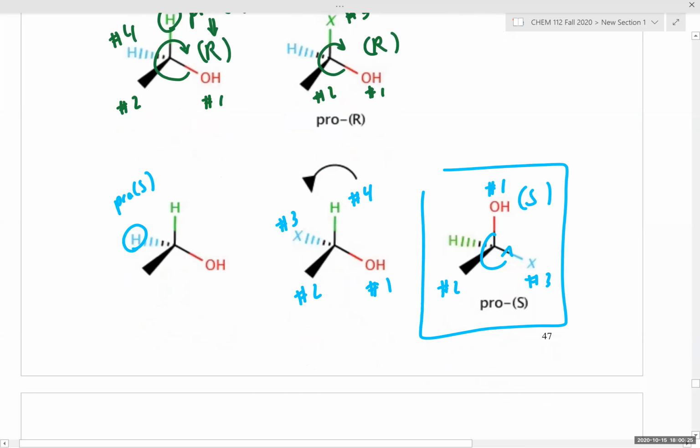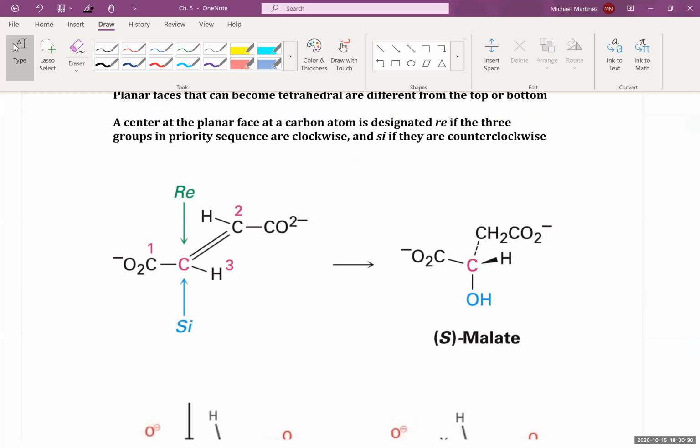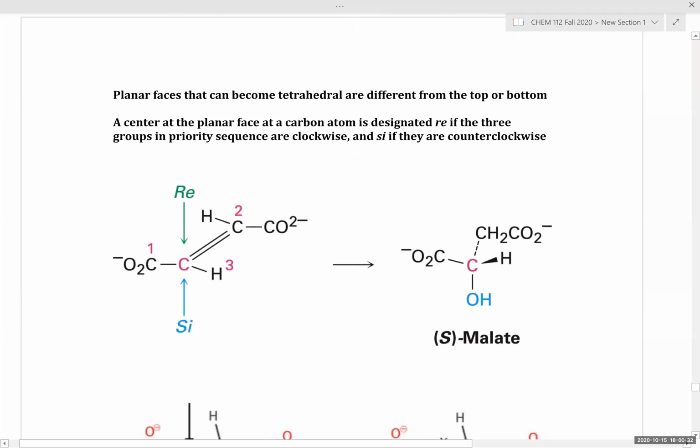Okay, so let's keep going with this idea. When you talk about planar molecules, planar faces or planar molecules that can become tetrahedral are different depending on whether they're approached from the top or the bottom face. So a center at the planar face at a carbon atom is designated as Re if the three groups in priority sequence are clockwise.